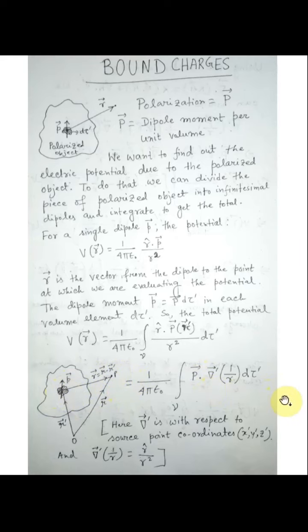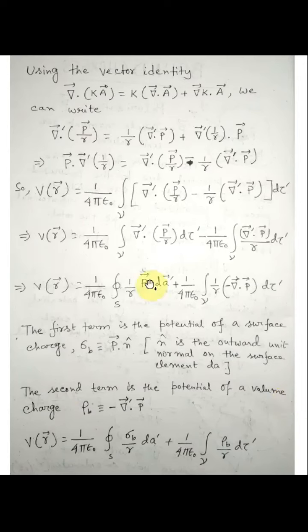Now using the vector identity, divergence of k a vector, where k is a scalar function, this will be k divergence a plus gradient k dot a.